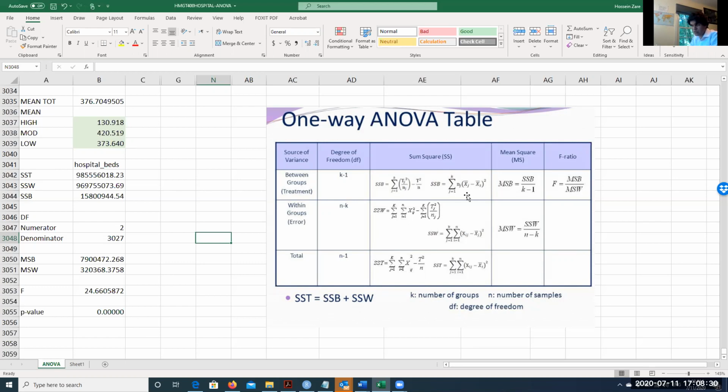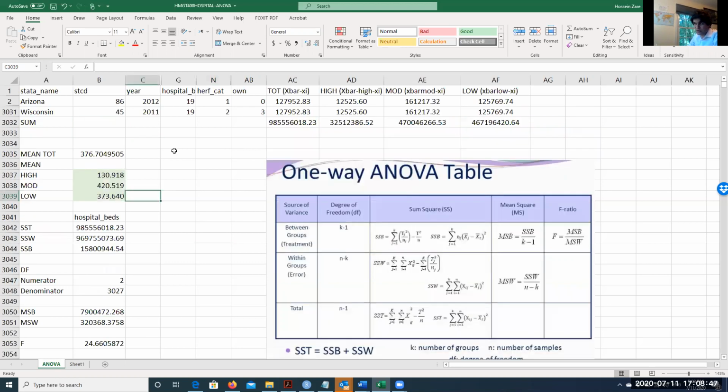Basically, if you have two of these, you can compute the last one. This is the way I'm going to compute this, providing an example for hospital beds, and then you can do the other parts yourself.